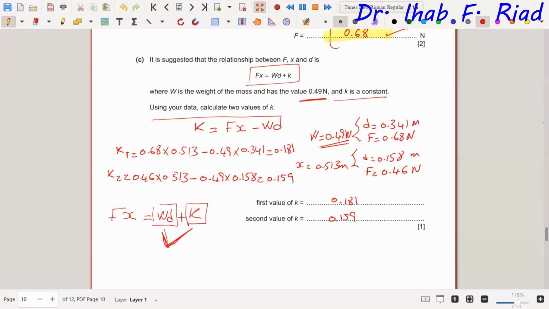We can always add time with time, length with length. So if two values are added together, they have the same units. So K has the same units as WD. What is WD? As you said, it is Newton meters. Is it okay? Did you get it? Yes.